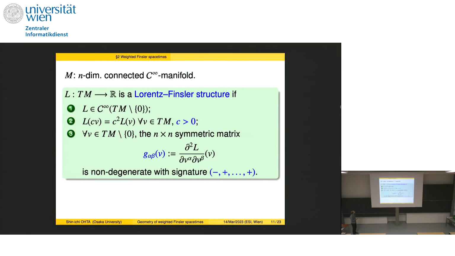And we have the positive homogeneity, and here we indicate it just as second order homogeneity. And instead of strong convexity, we assume that this Hessian has the Lorentzian signature. In our case, we choose the signature minus plus plus plus.